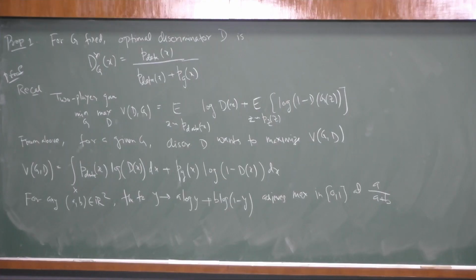We see the integrand as a log y plus b log 1 minus y. So D of x in our case is y.